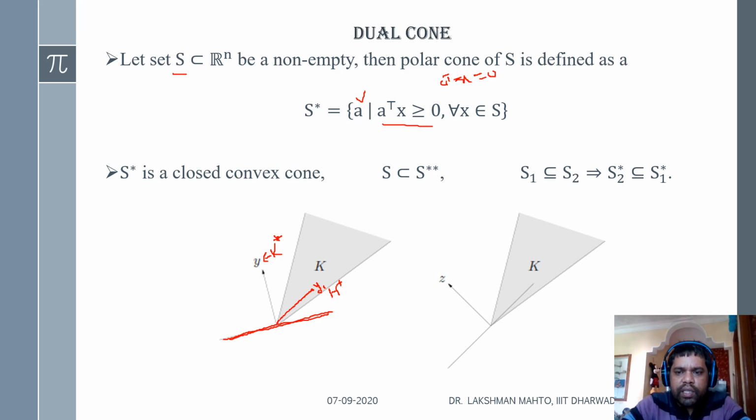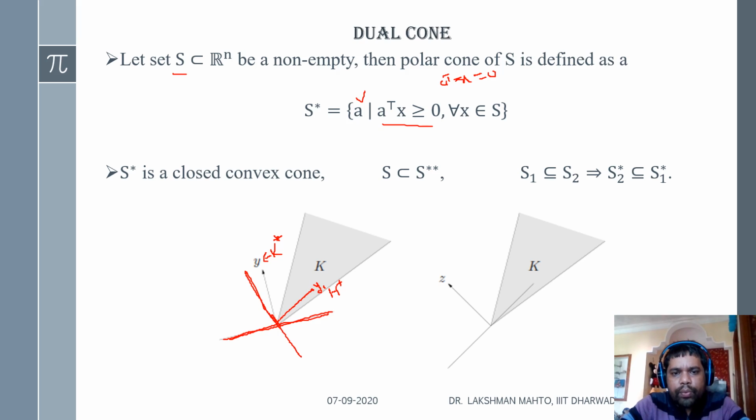With respect to this point as a direction, consider that the dual happens to be the collection of all the possible directions in such a way that this set falls in the positive half space of that direction. So if you are taking y1, it is coming from this set K itself. With respect to this, we can define a hyperplane this way.